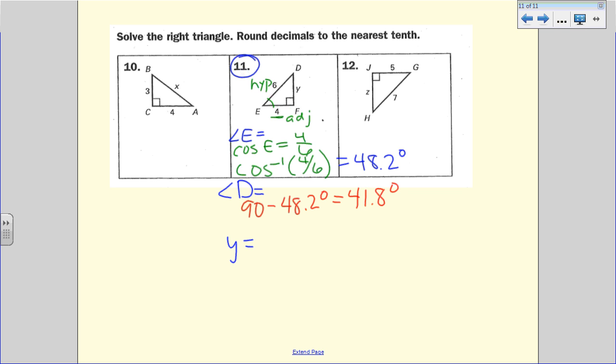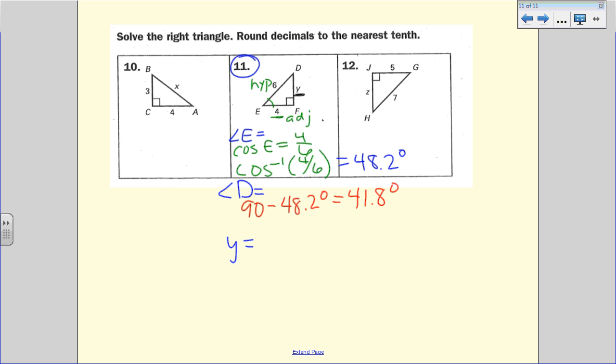And then Jesse, how am I going to find letter Y? How do I find this missing third side? I'd say it's about 5. 4, 5, 6 would be very nice. It is going to be a decimal though. 5.5. 4.5 maybe.